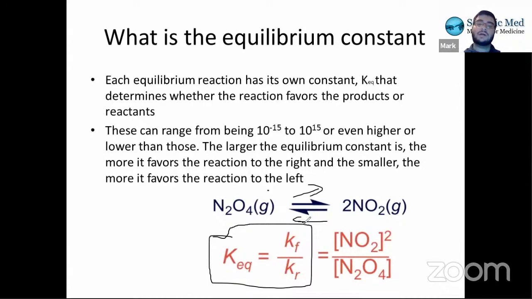The equilibrium constant is also proportional to the rate constants, right? So the higher the rate constants, the higher the equilibrium constant.